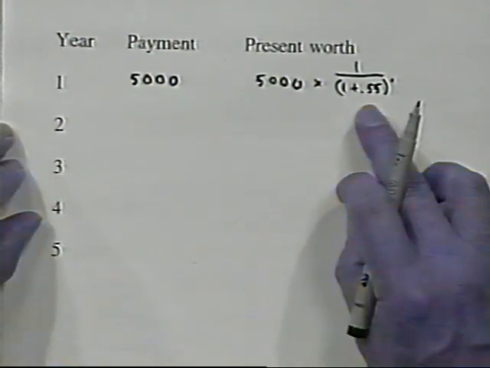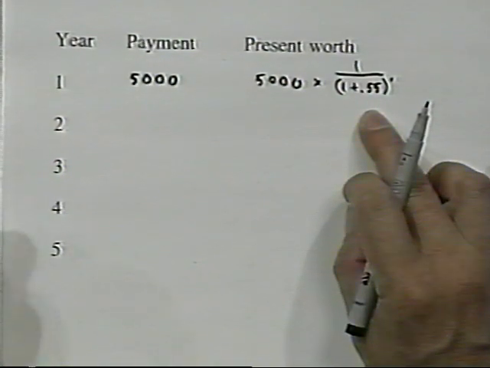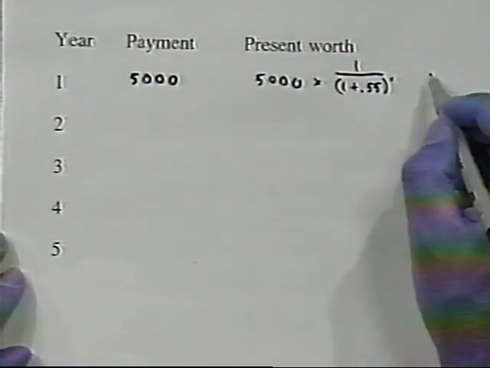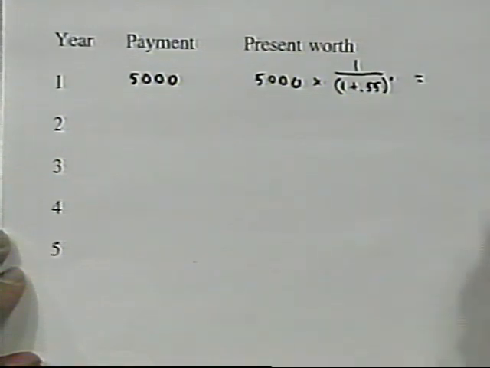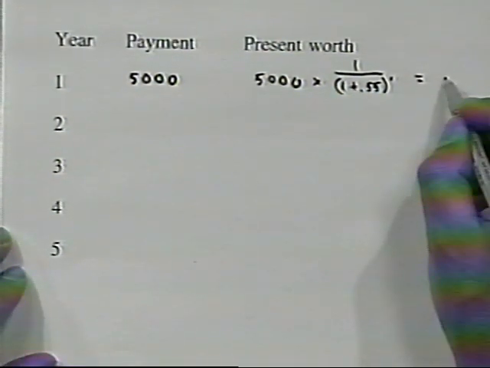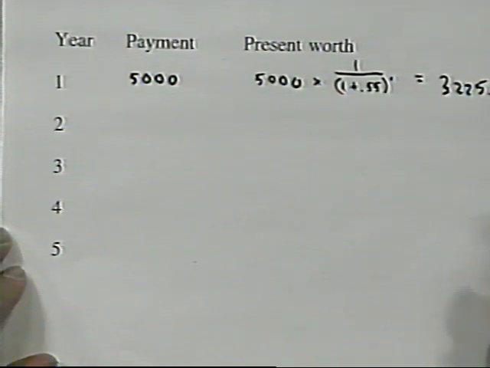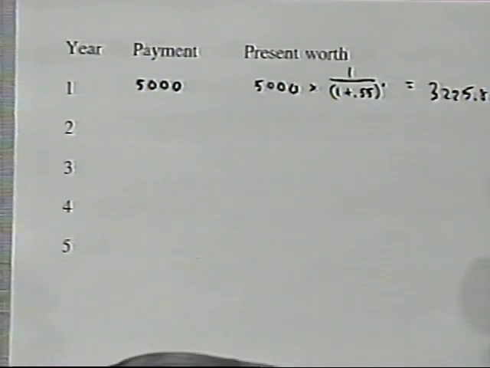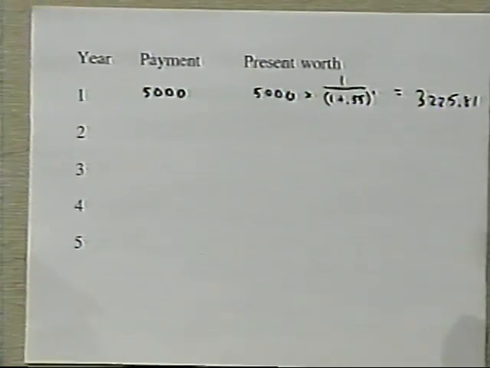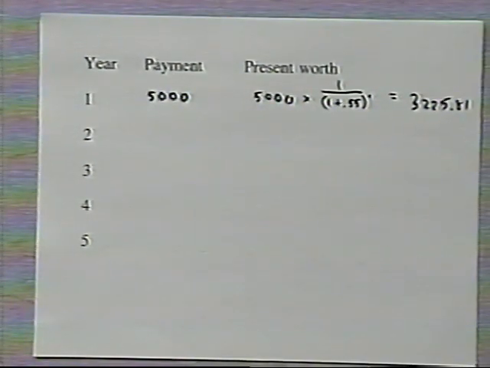That's our present worth factor, which we learned in the previous lecture. And because that interest rate's so high, that actually reduces the present worth to $3,225.81. So what we're saying here is that if we're saving $5,000 per year with this overhauled packaging machine, the present worth of that $5,000 at the end of the first year is only $3,225.